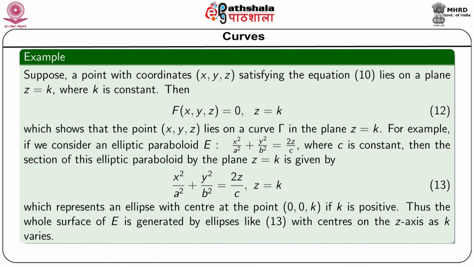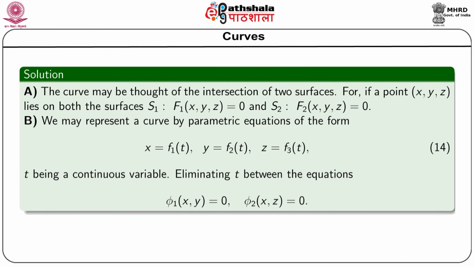Thus, the whole surface is generated by ellipses like 13 with centers on the z axis, and k also varies. Therefore, we see that the equation of a surface and the equation of a plane together represent the equation of a curve. But in general, instead of a plane, if we cut a surface by another surface, then their intersection always gives a curve.